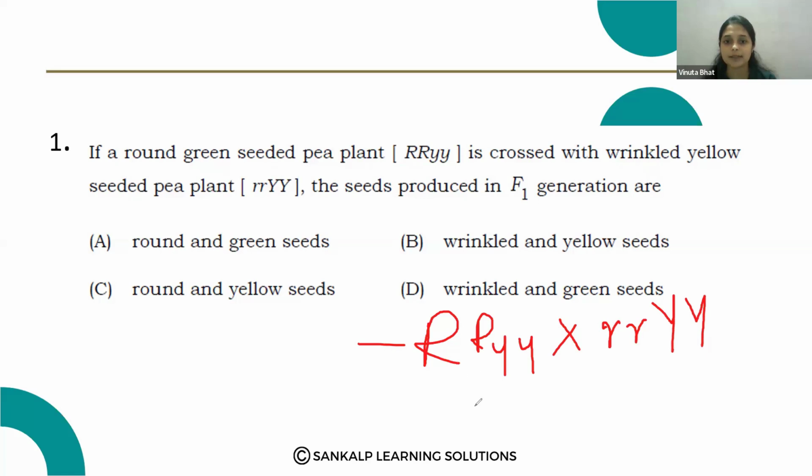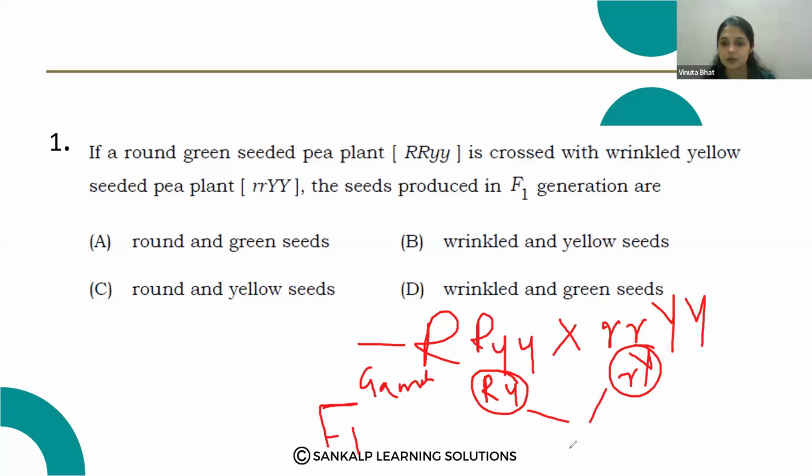So here, in the F1 generation, your gametes are capital R small y, and here small r capital Y. So in the F1 generation, it will form capital R small r capital Y small y.